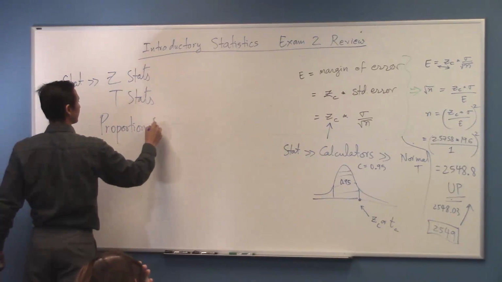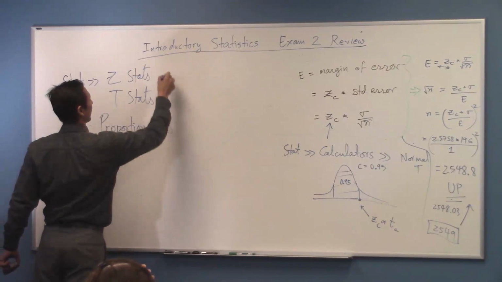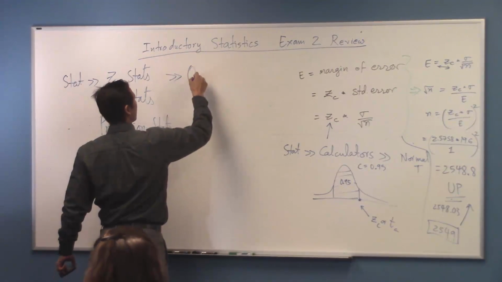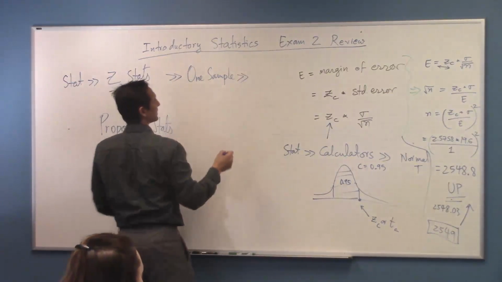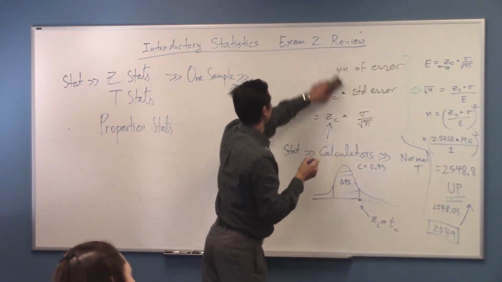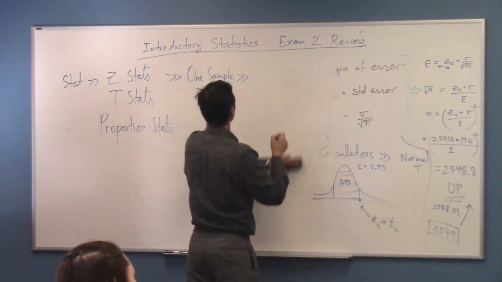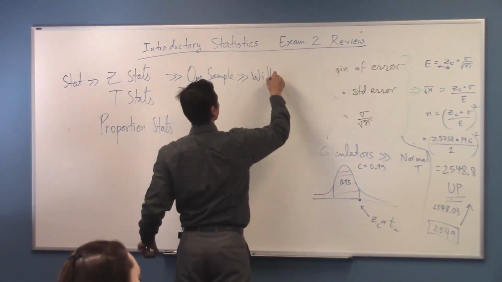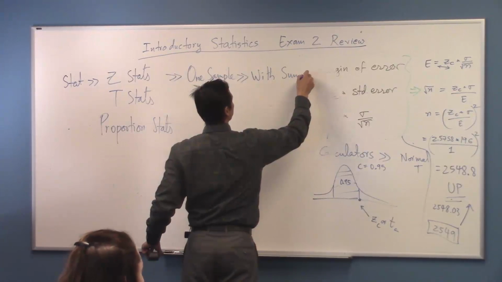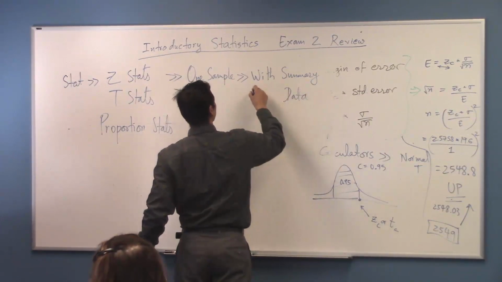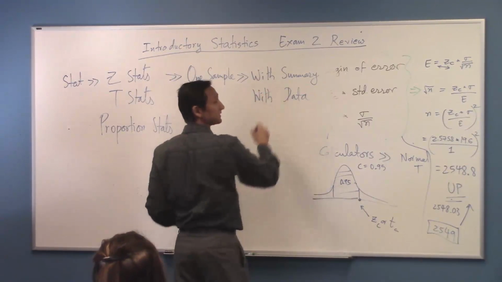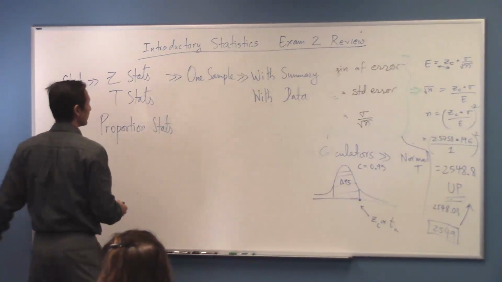Proportion stats, and then one sample, and then with summary, or with data. If raw data is given to you, you would use with data. If just the sample mean is given to you, you would use with summary.